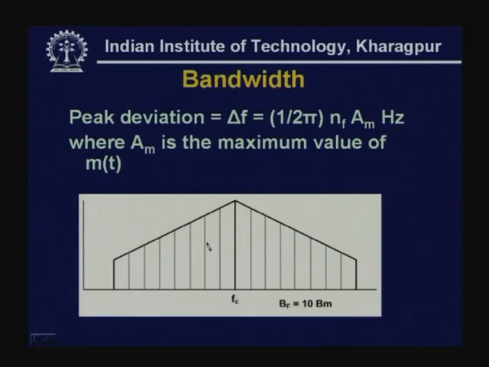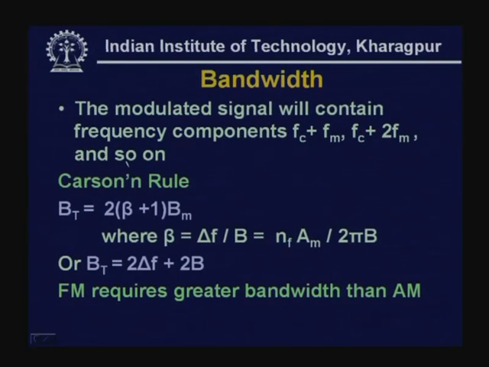Let us see from this relationship, the peak deviation delta F is 1 by 2 pi Nf into Am Hertz, where Am is the maximum value of m(t), and the value of that bandwidth also depends on the value of beta, and for different values of beta the bandwidth will be different.